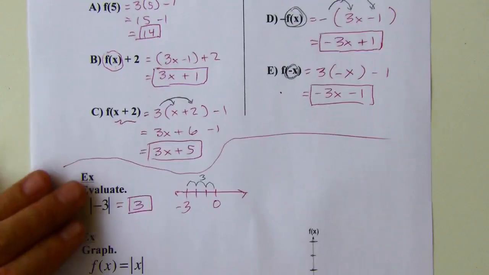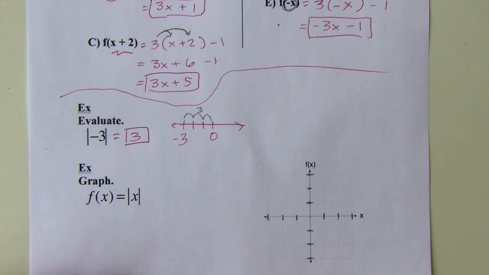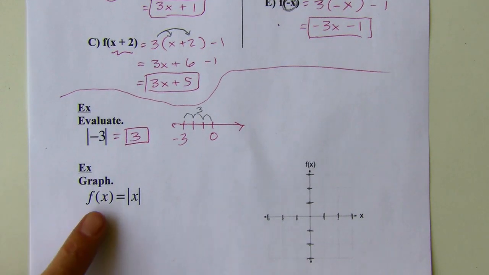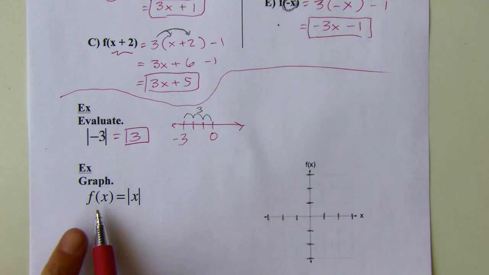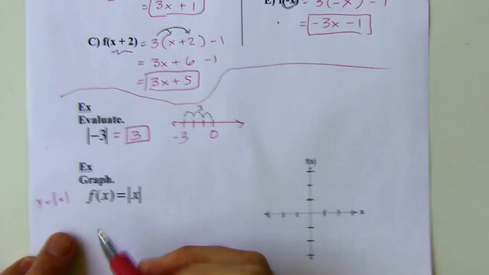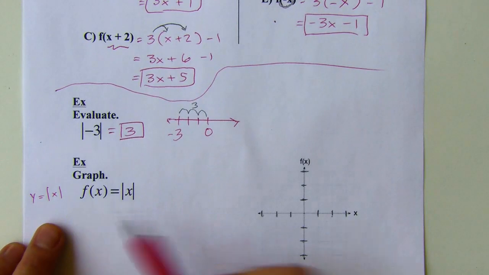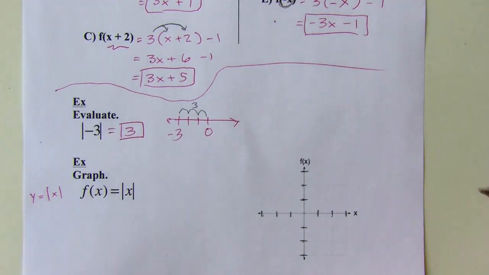Okay. Now, I'm going to move on to graphing an absolute value function. So here we have f of x equals the absolute value of x. Now, if I just had y equals the absolute value of x, this would graph in the exact same way, okay? It's just I don't have an xy axis here, I have an f of x axis, but that's the only real difference when it comes to graphing, okay?